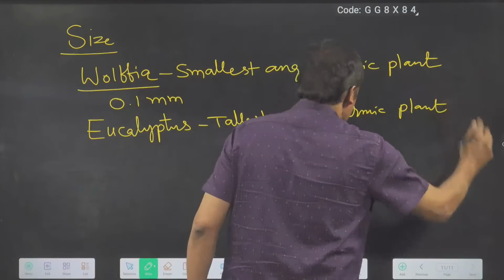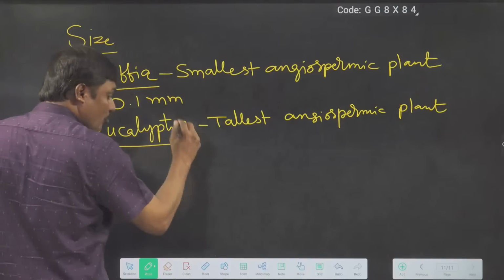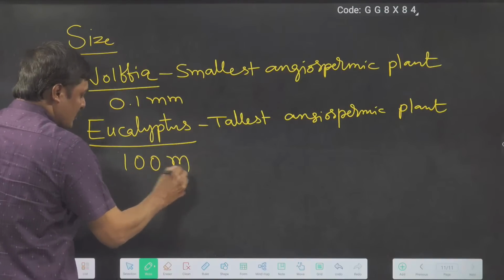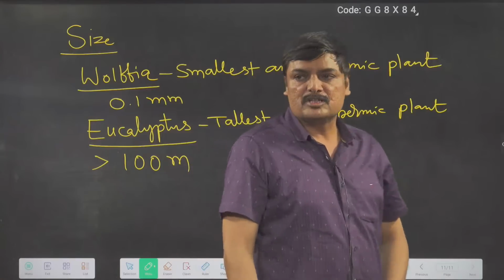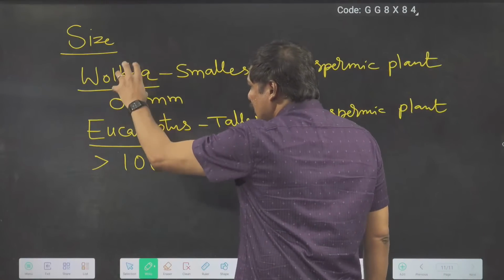See, look at this. This plant grows over 100 meters tall. It is one of the tallest plants. This is the smallest plant.